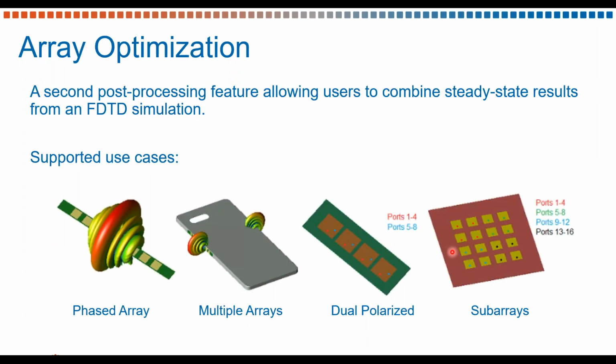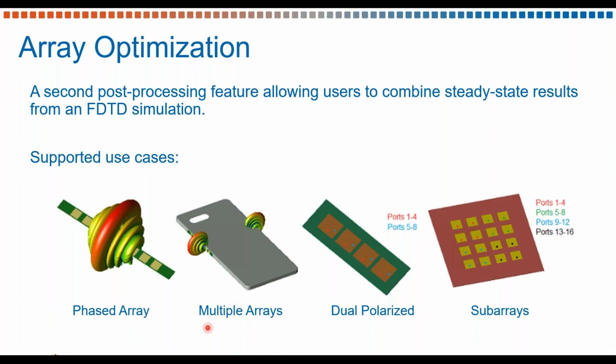The next feature that we have is another post-processing feature, which is array optimization, which again uses the steady state results from an FDTD simulation, which can be combined to obtain the maximum EIRP of an antenna array over a specified direction. Some of the use cases supported for this feature include a phased array, wherein each of the elements are fed with different phases to steer the beam, and we would be obtaining the phases of these elements using the array optimization.